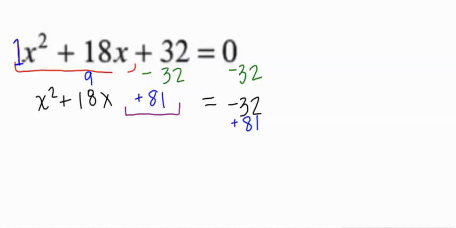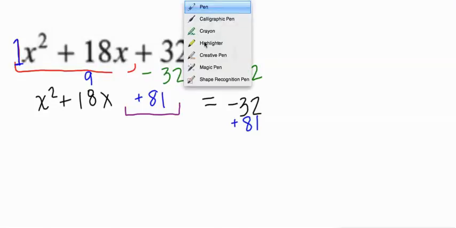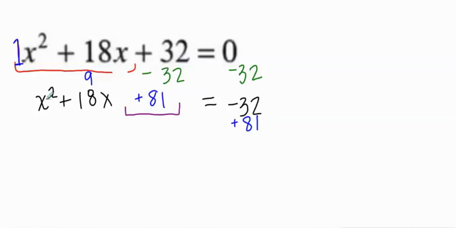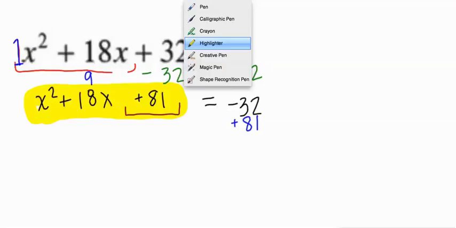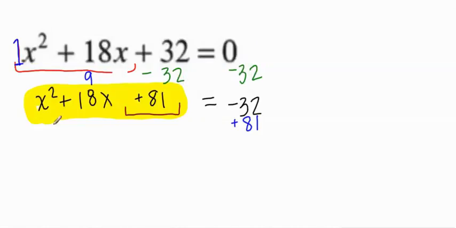of the equation. This left-hand side of the equation, we're going to make it look just a little bit different. Now that I have that 81 there, I can write this trinomial in factored form, which is x plus 9 times x plus 9.